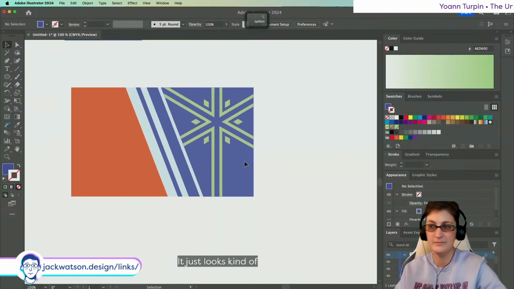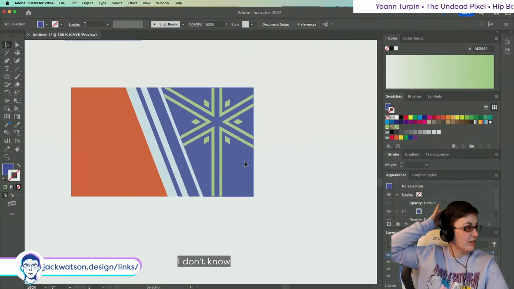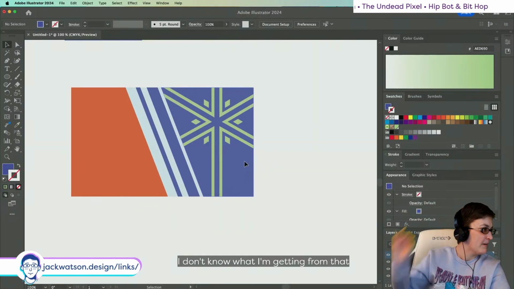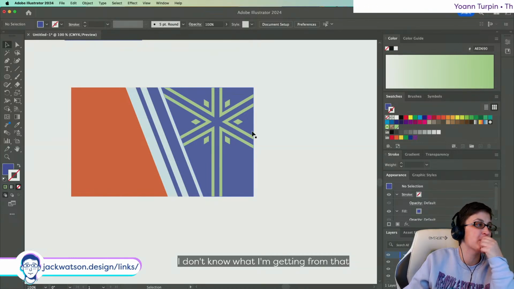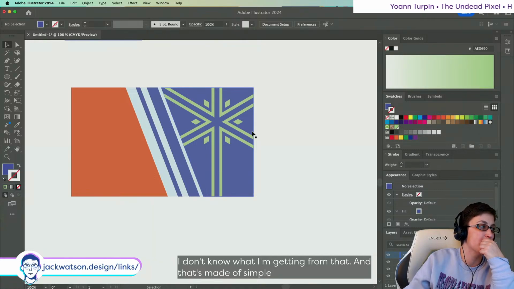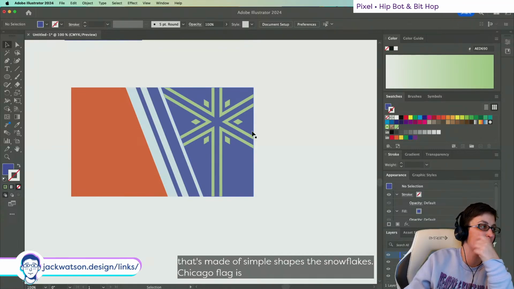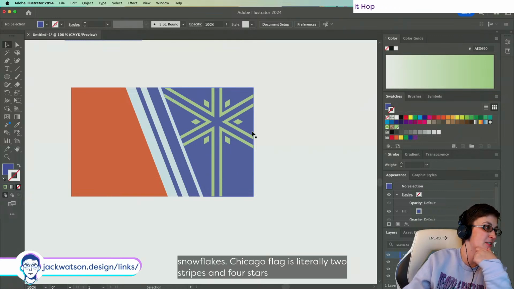Just looks kind of, I don't know what I'm getting from that. Even though it's made of simple shapes, the snowflake feels a bit too complex. The Chicago flag is literally 2 stripes and 4 stars, and it's hailed as one of the best city flags in the US.